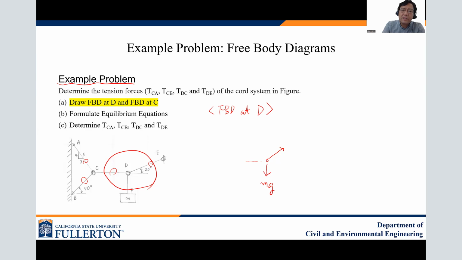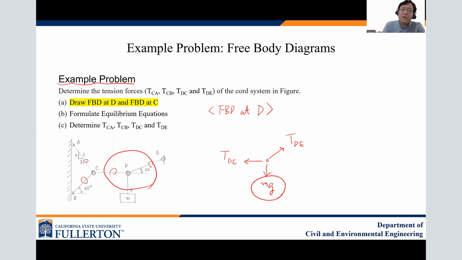And then that is the tensile force T_DE, and that is T_DC. So the weight is known, but T_DE and T_DC are unknowns.